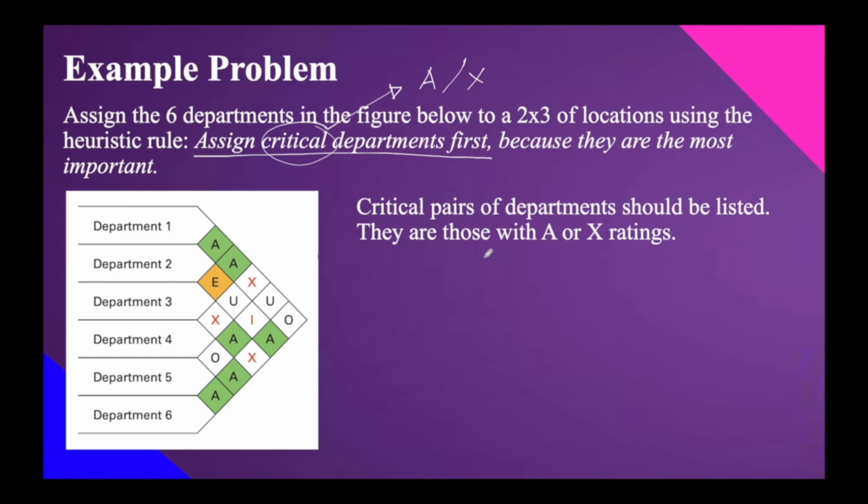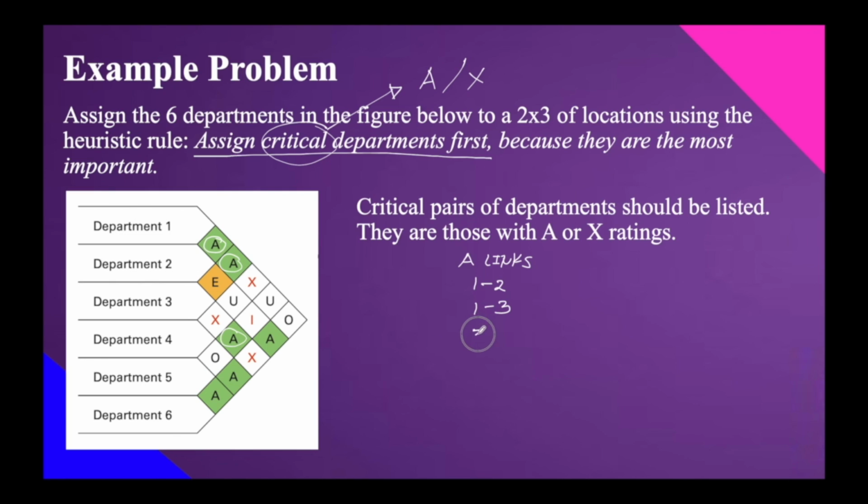So, let's have it here. Yung mga may A links, ilagay natin dito. Ano yung mga may A links? Here. 1 to 2. Next is 1 to 3. Next is Department 3 to 5.